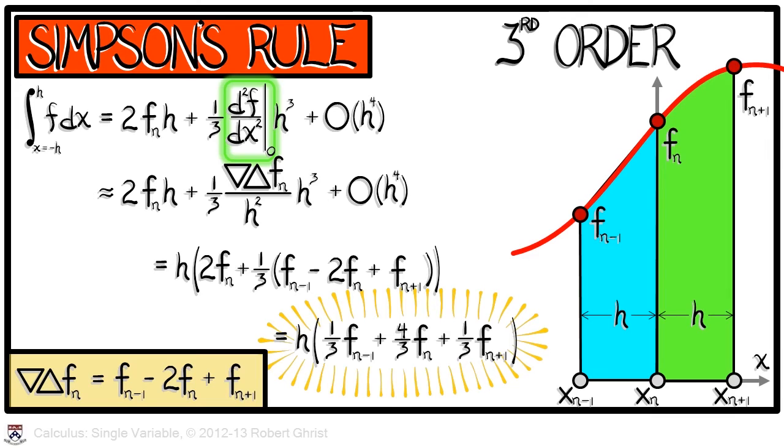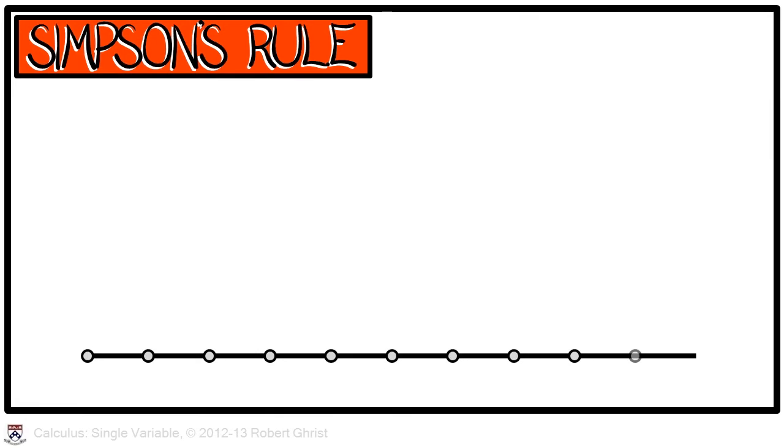That is the basis of Simpson's Rule. It was a lot of work, but let's see how it all comes together. We're going to assume that our integration domain is divided into equally spaced subintervals with h.